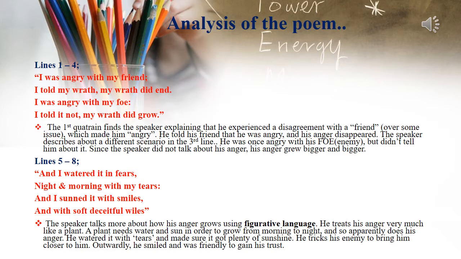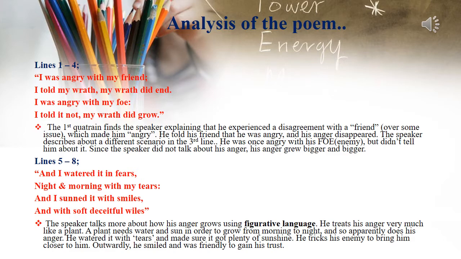Lines 5 to 8. And I watered it in fears, night and morning with my tears. And I sunned it with smiles and with soft deceitful wiles. The speaker talks more about how his anger grows using figurative language.